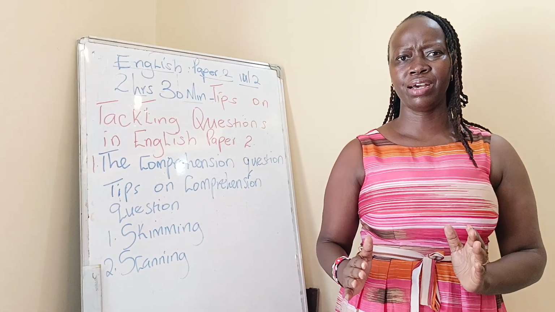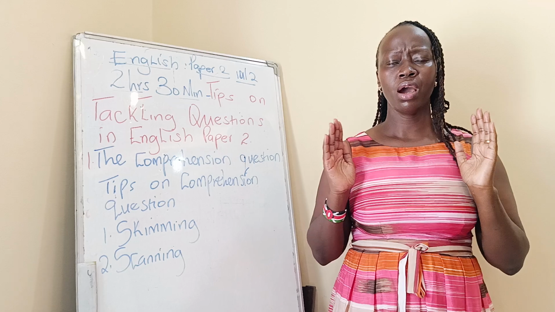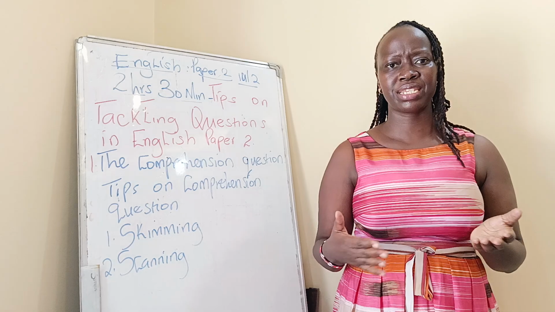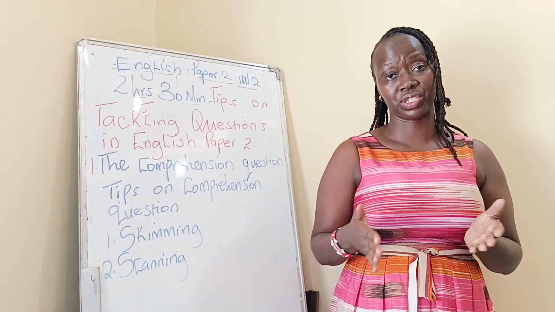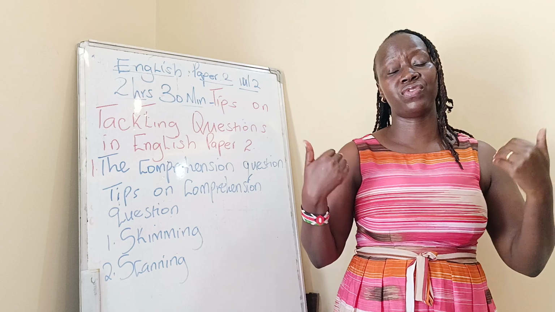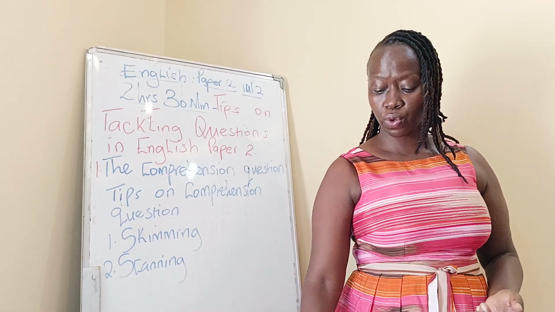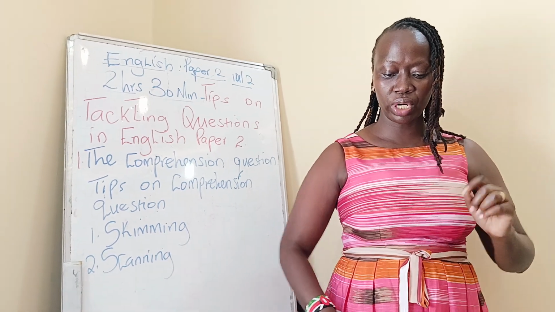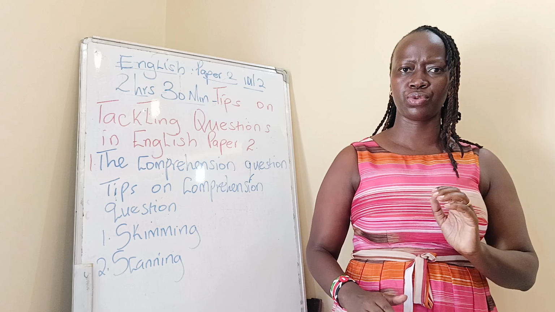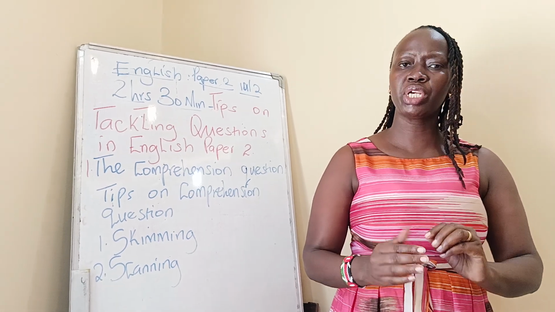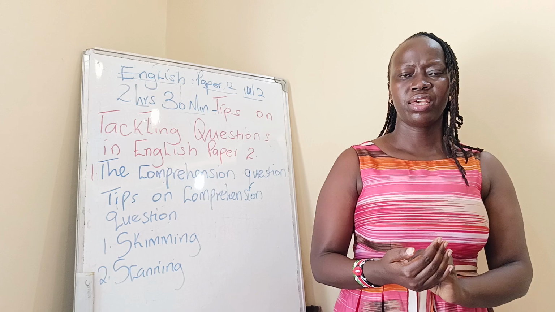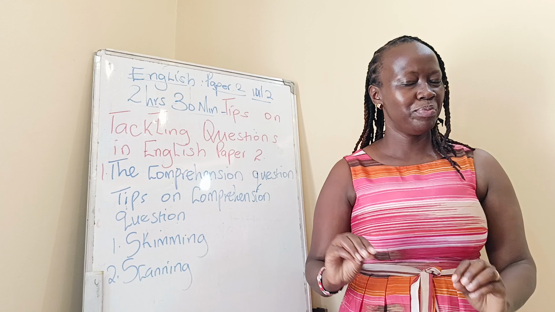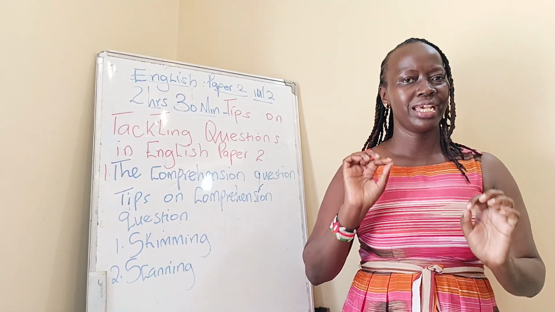Also have a rough idea of how these questions are set. How does the examiner set these questions? What are the expectations of an examiner from you? So don't just read blindly. As a candidate, if your question requires you to identify, make sure that you identify. If a question requires you to identify and illustrate, make sure that you identify and illustrate.